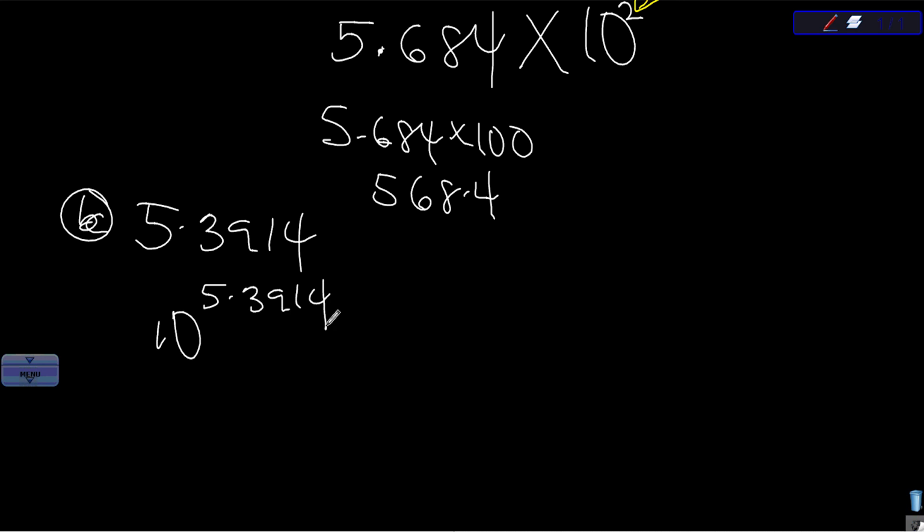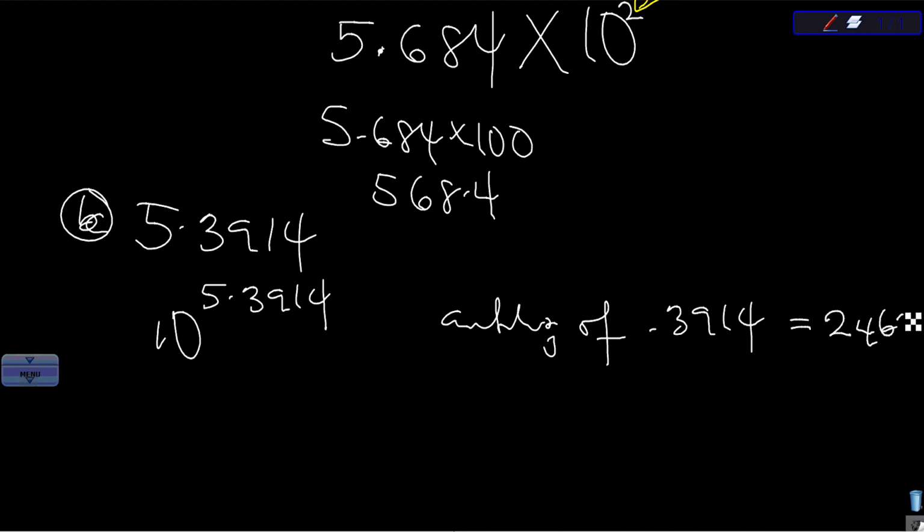So for the antilog of 5.3914, you check 39 under 1 difference 4. When you check 39 under 1 difference 4, you should have 2, 4, 6, 2. Don't forget the decimal point is there.